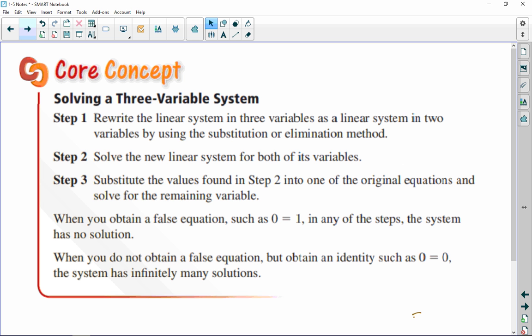Core concept. What we are working on today is 3 variable systems. Right now, do you guys remember what a system is? Everybody tell me what a system is?